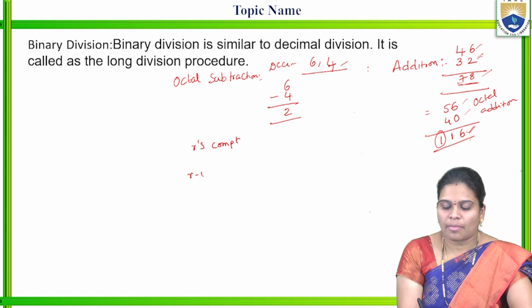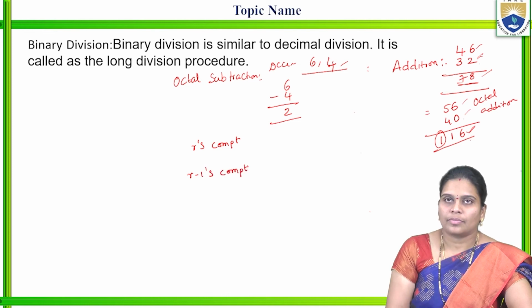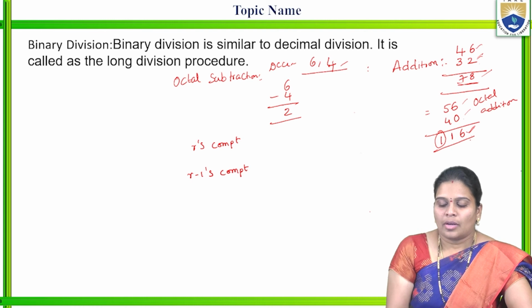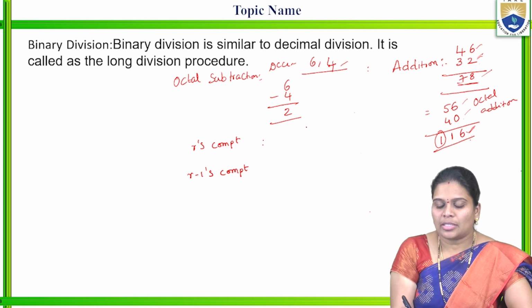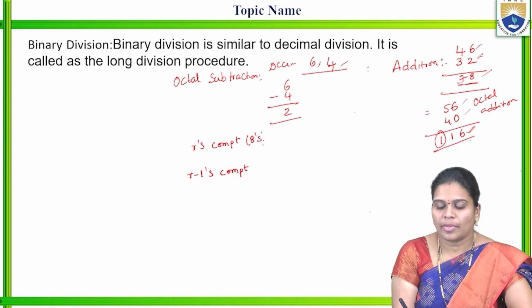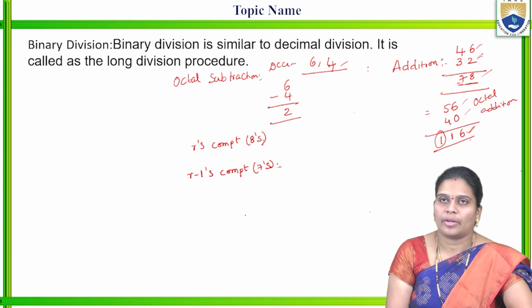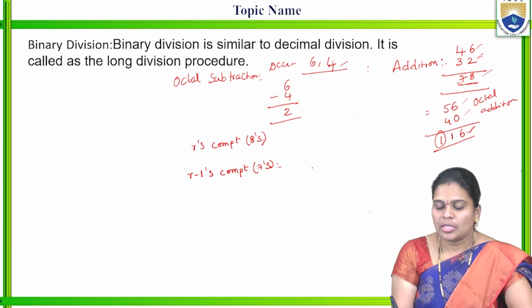Next one is the r minus 1's complement. First, I want to take this r's complement. So this is the 8's complement, and 8 minus 1's complement is the 7's complement. Okay. Now we want to take any value and find the 7's complement by subtracting from 7. Some value 6, 2 is there.